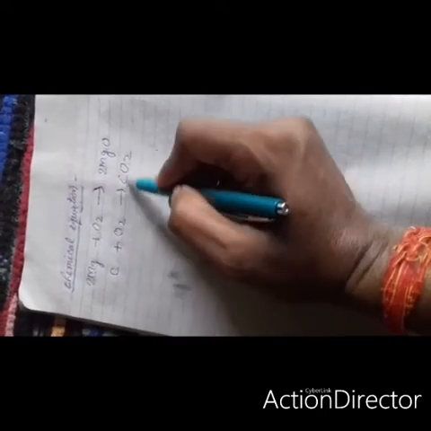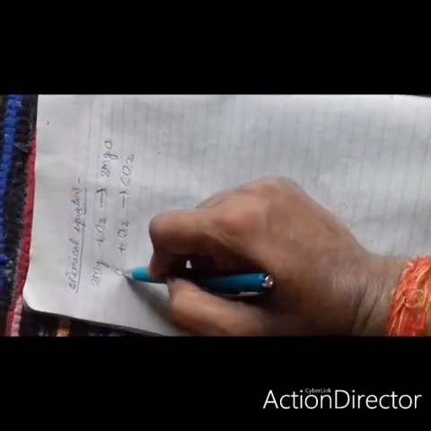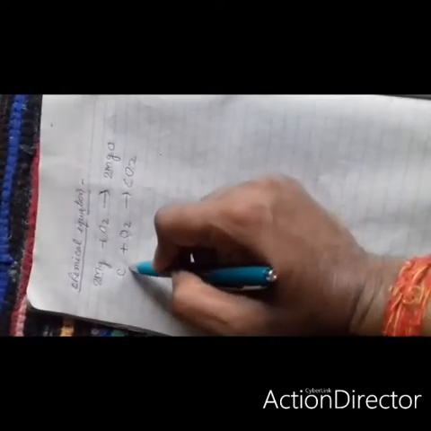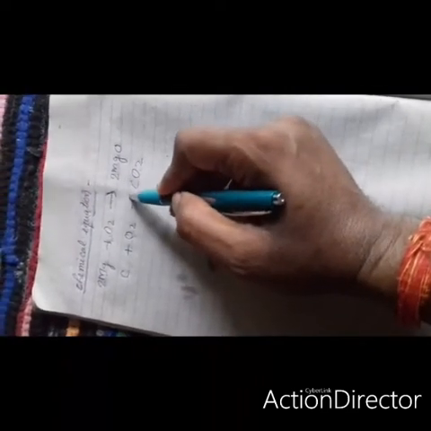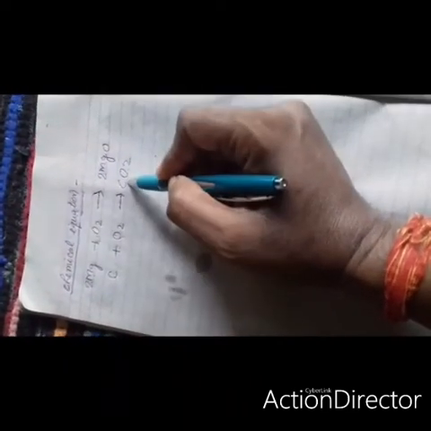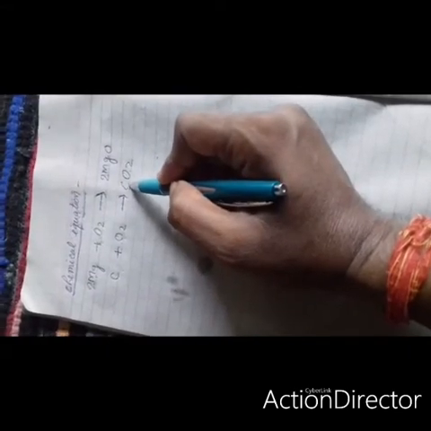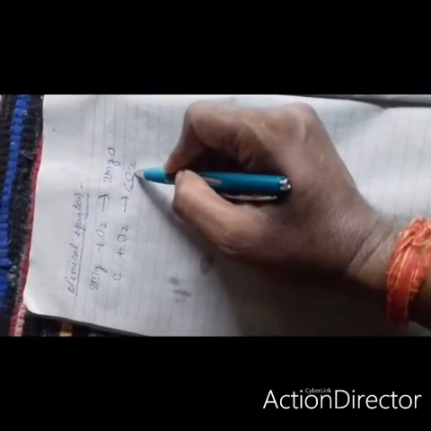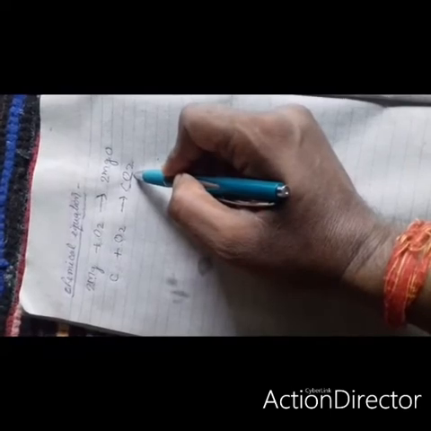In this equation, carbon and oxygen are called the reactants, and on the right of this arrow, what is made, that is carbon dioxide, is called the product.